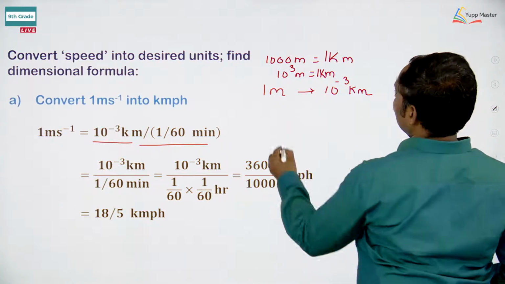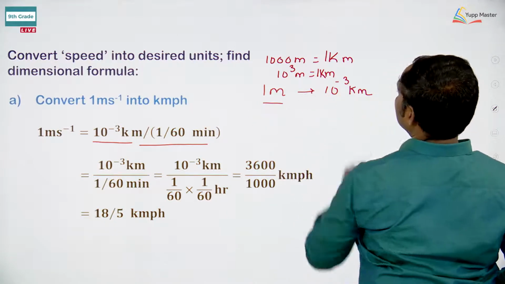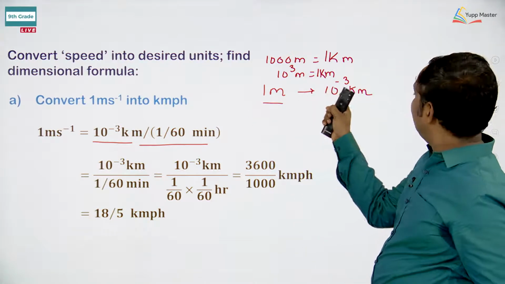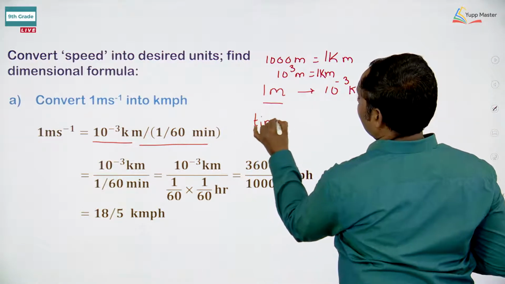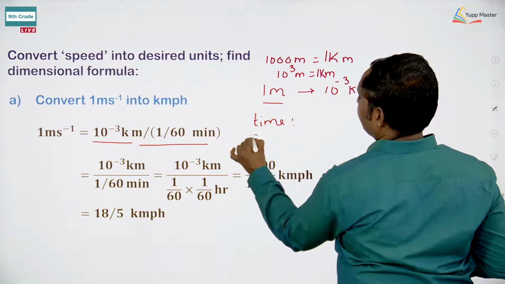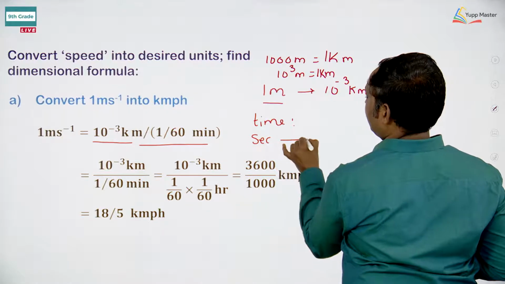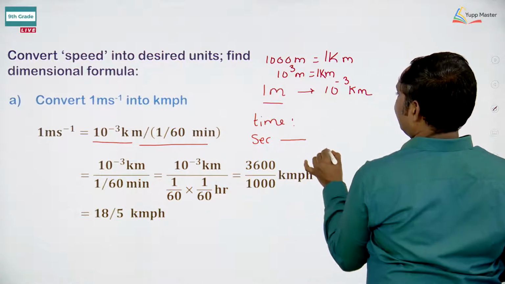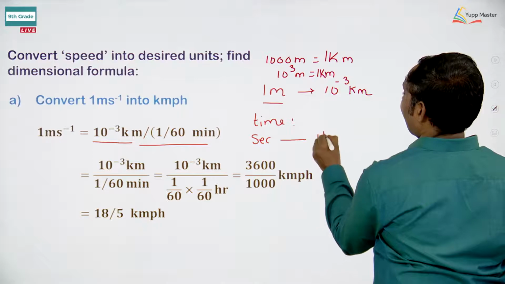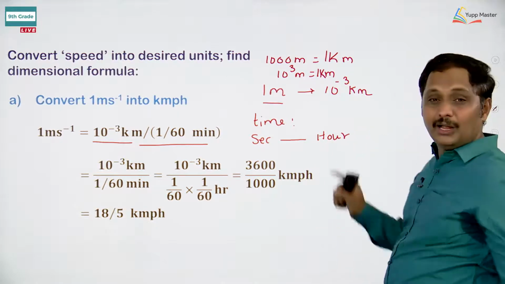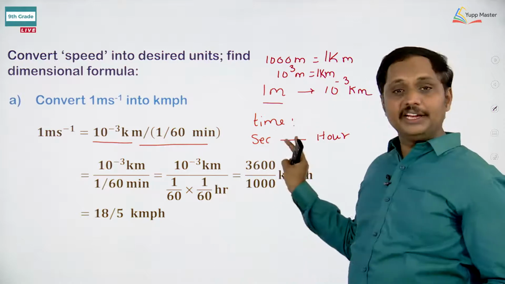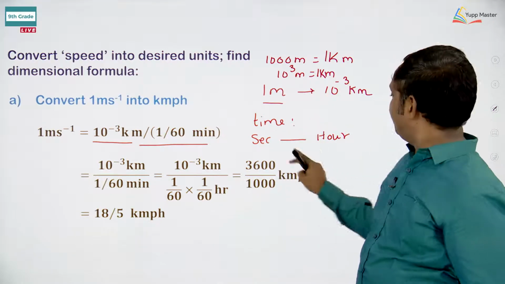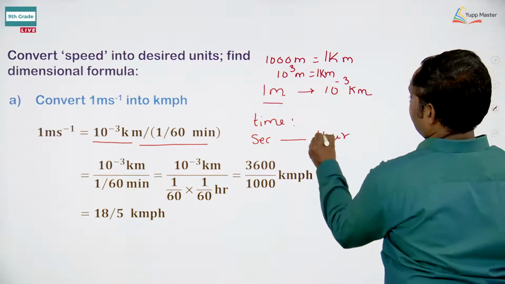Now, 1 meter is equal to 10 power minus 3 kilometer. When we talk about time, it is taken as second into hour. In terms of seconds, it is going to be converted into hours.